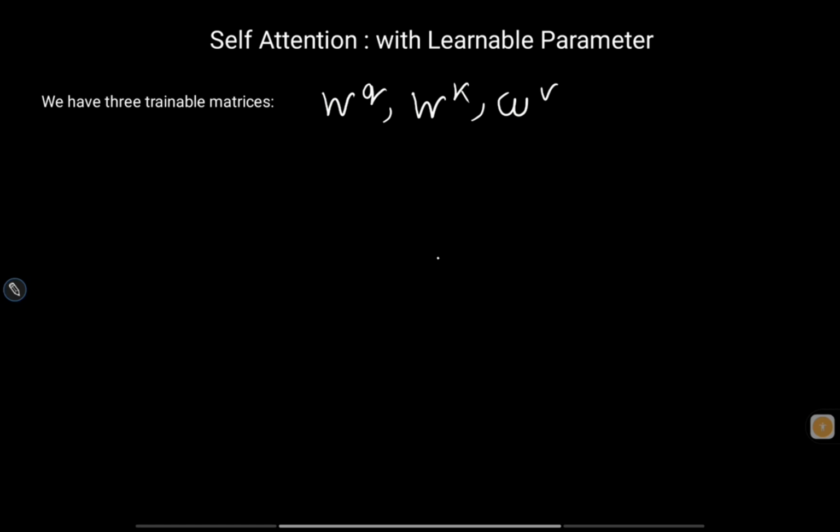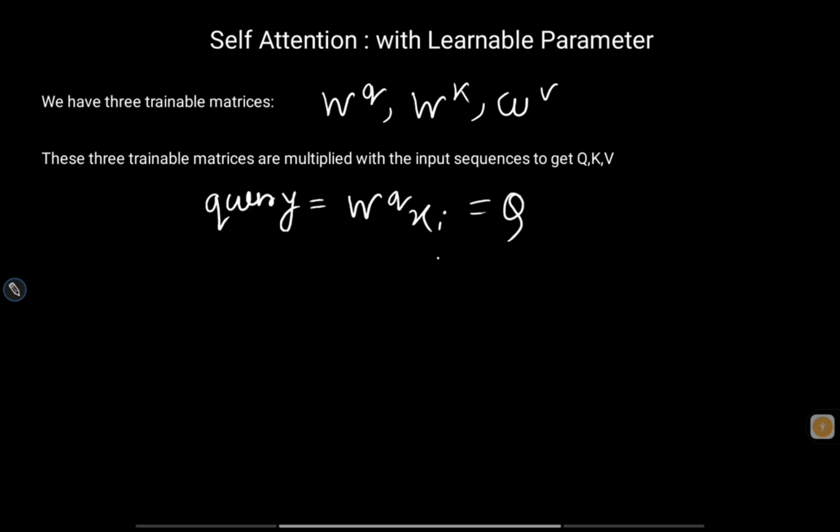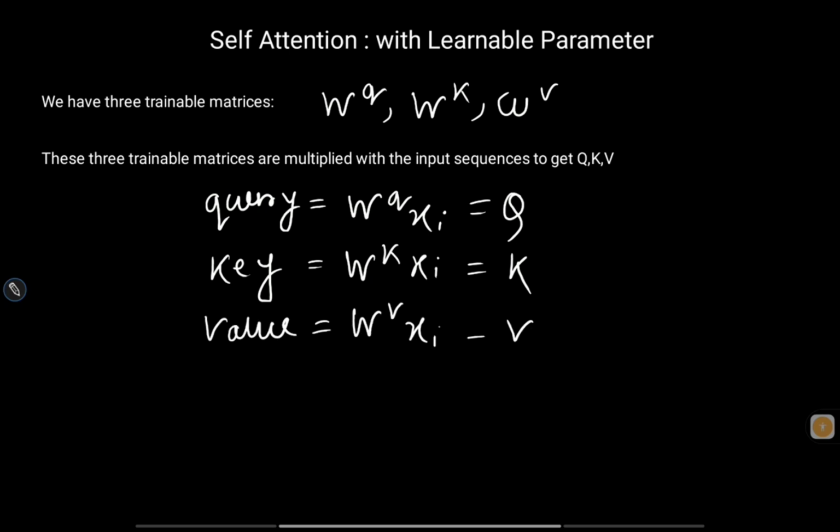So we have 3 trainable matrices, which are Wq, Wk and Wv, right? These 3 trainable matrices are multiplied with the input sequence to get the query, key and value. We get the query vector by multiplying Wq with xi, then we have the key vector and also the value vector.